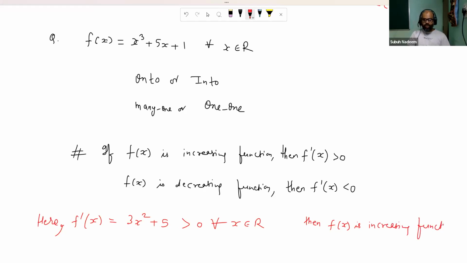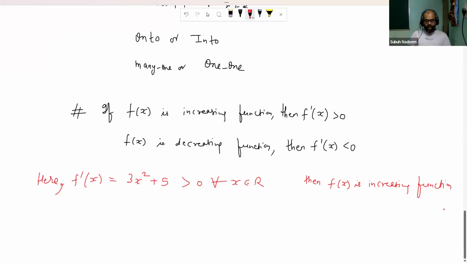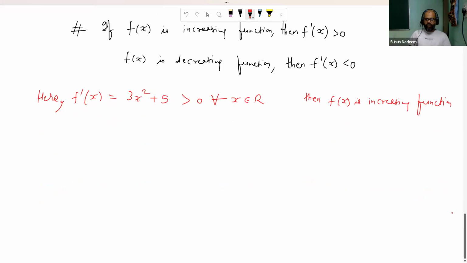Now, if the function is increasing, then x cube plus 5x plus 1 is a cubic function. So if you see at one end, that is at x approaching minus infinity, this function f of x will approach minus infinity, as it is a cube.